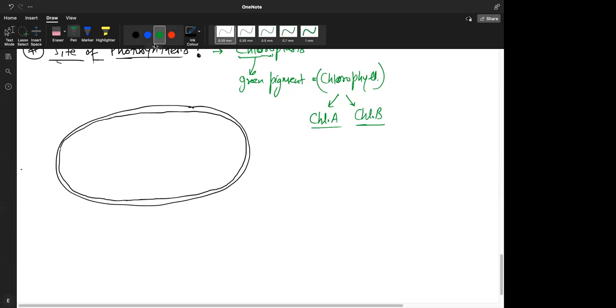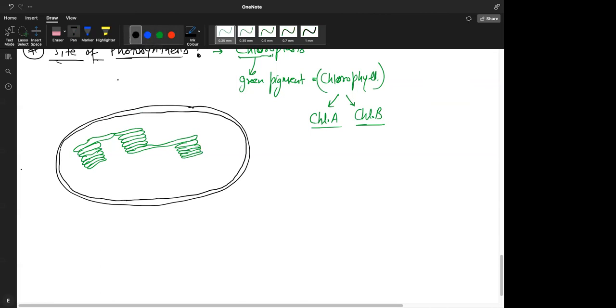Inside the chloroplast, there are these structures which are present, stacked over one another, right? You know what these structures are? The membrane is thylakoid, but what are these structures? Granum, sir. Yes, so they are like this.